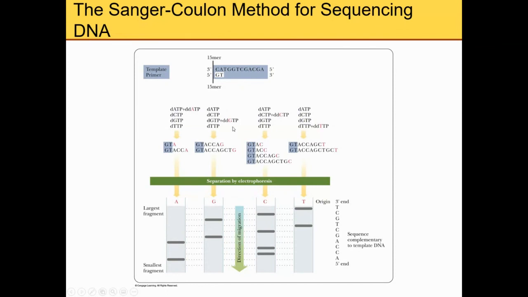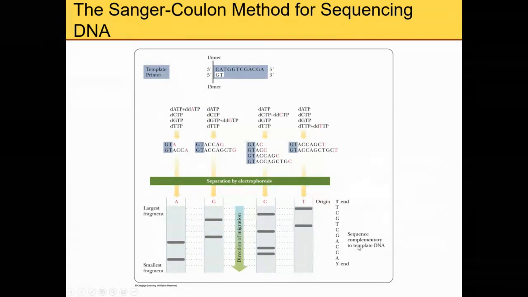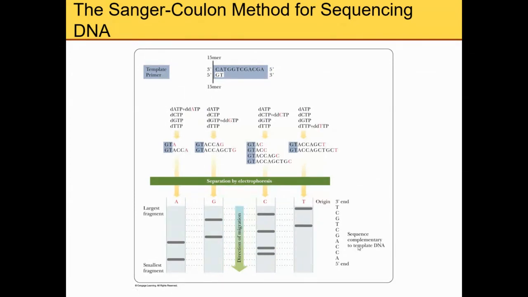And if you have dideoxy GTP, then that'll be G, and likewise C and T, and so you can read the sequence from the bottom, all right? So you can read A, C, C, and then A, and then G, C, T, G, C, T. That's how you read the DNA sequencing, okay? So this is Sanger sequencing.